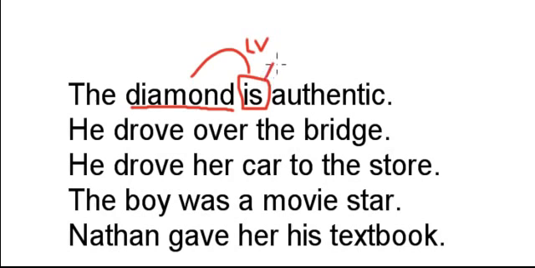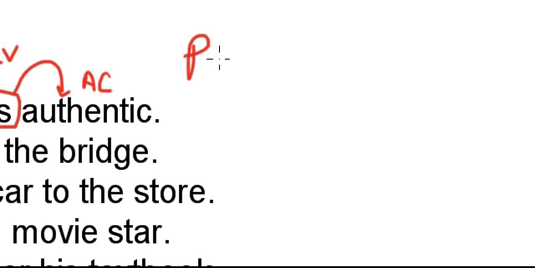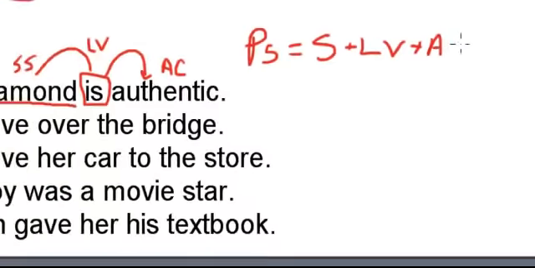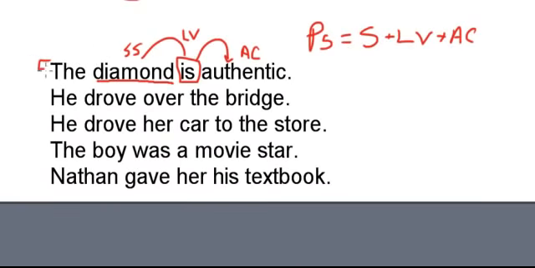Diamond is authentic. So authentic is an adjective. So this is AC. So we got a subject, linking verb, AC. So that is pattern number 5. Subject plus linking verb plus adjective complement. So we have pattern 5.